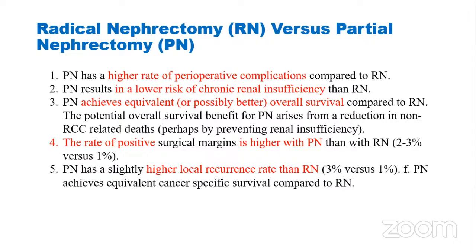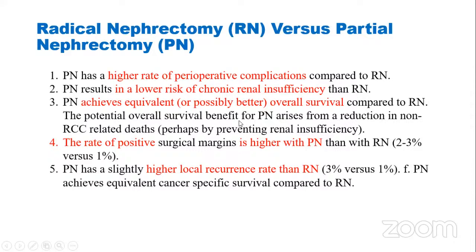This is radical nephrectomy versus partial nephrectomy. Partial nephrectomy has a higher rate of perioperative complications compared to radical nephrectomy. Partial nephrectomy has a lower risk of chronic renal insufficiency than radical nephrectomy. Partial nephrectomy achieves equivalent or possibly better overall survival compared to radical nephrectomy.